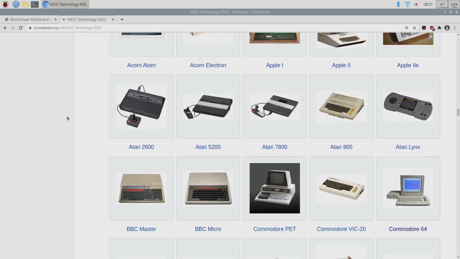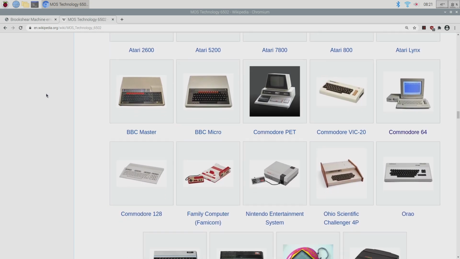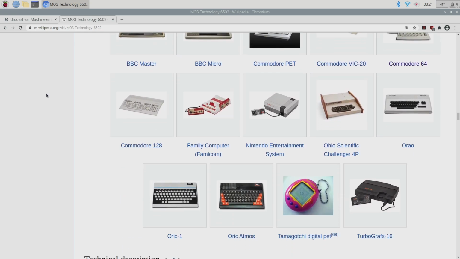the Atari line of video games and computers, the Commodore line of video games and computers, and a bunch of other game consoles, including these two, which really is one.